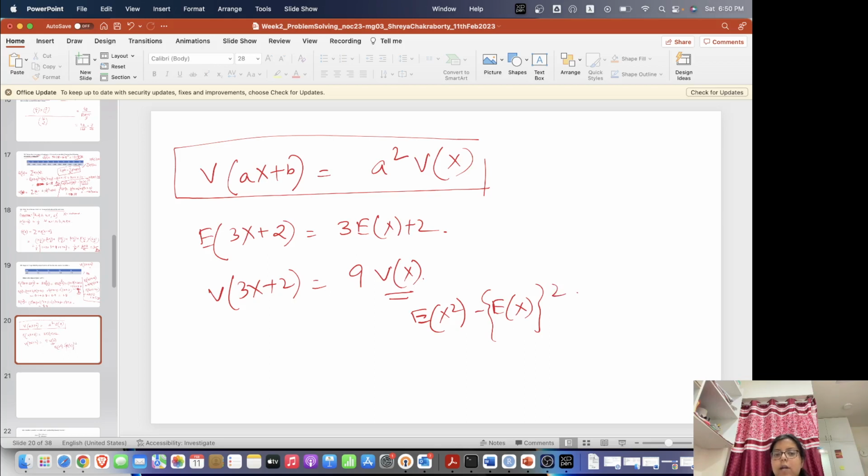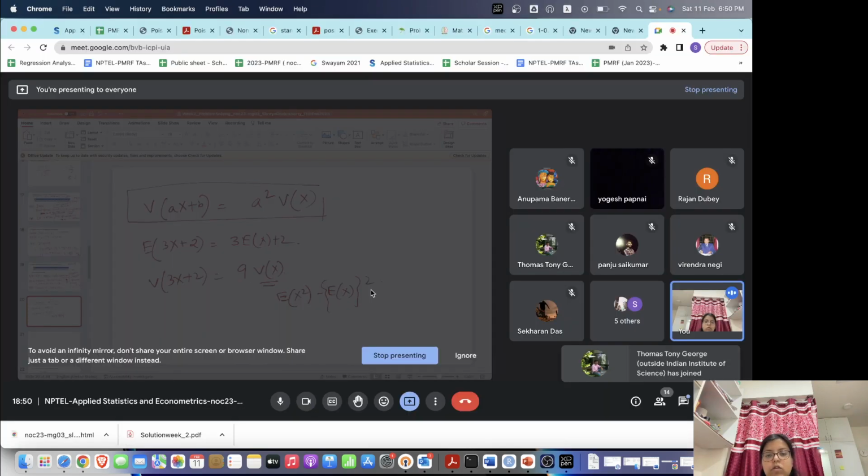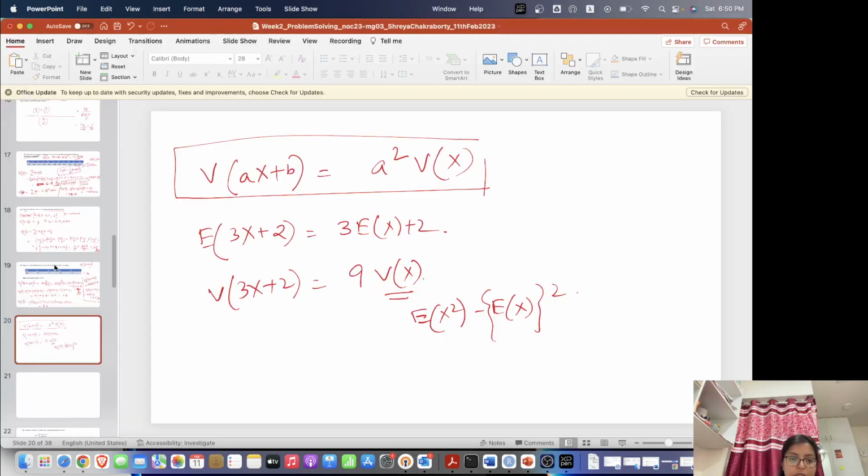This is one point that I want to tell you, where a and b are all scalars, not some random variable. But if there's another random variable or some functional form involved, then you would have additional terms also.